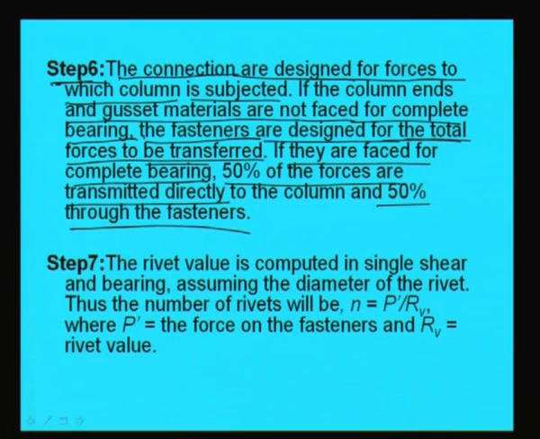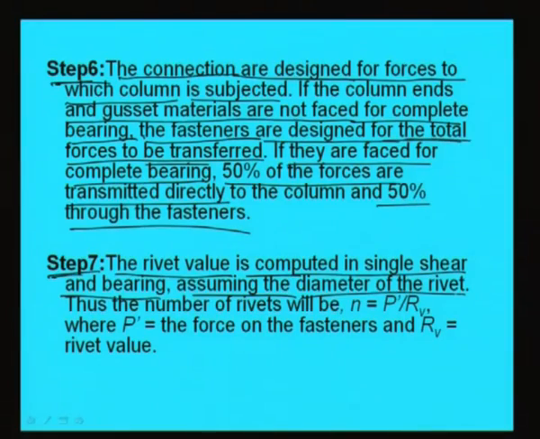So, in this way we have to do. In step 7 what will we do? The rivet value is computed in single shear and bearing, assuming the diameter of the rivet. We take the lesser of these two as the rivet value, and then we can find out the number of rivets.